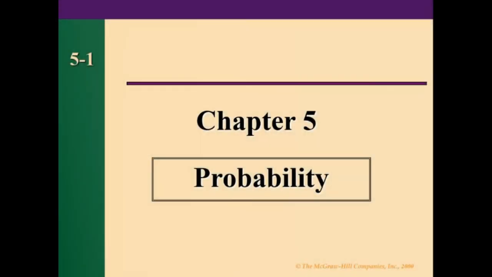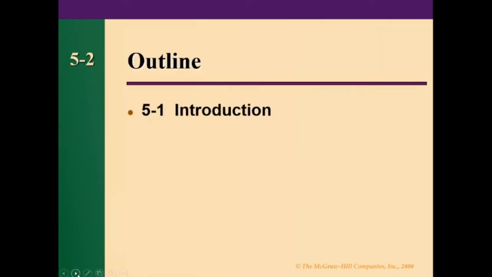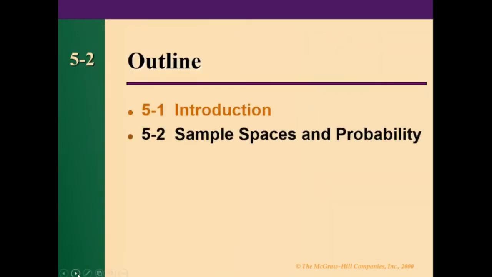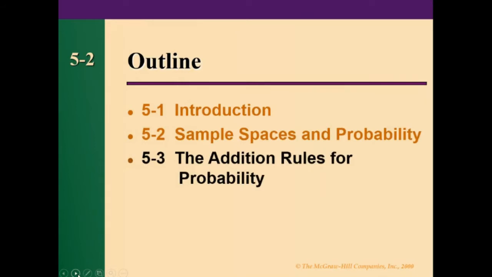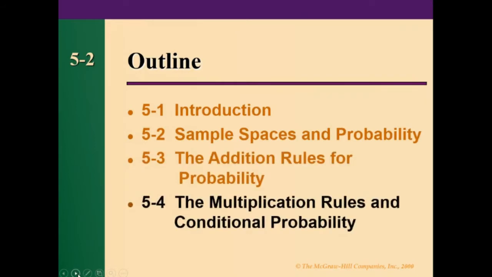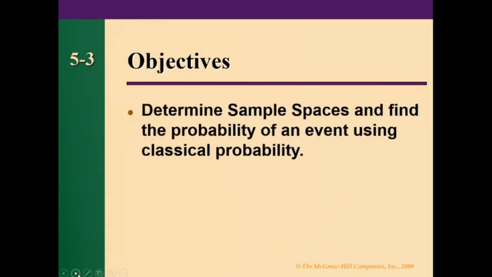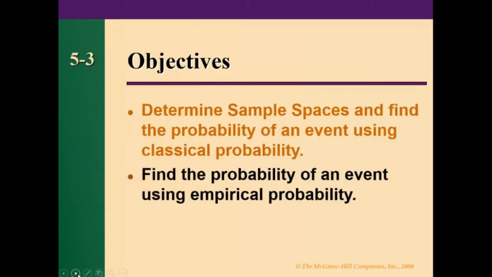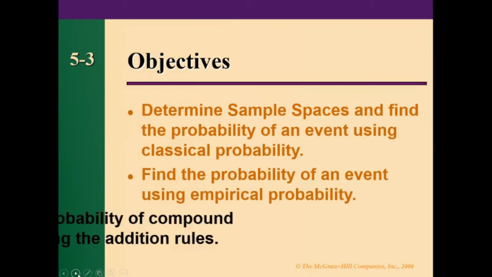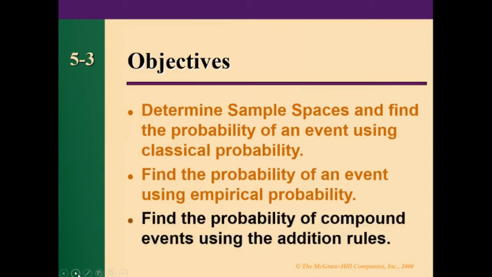Okay, let us continue our discussion. So we're going to discuss sample spaces and probability, the addition rules for probability, the multiplication rules, and conditional probability. We also have determining sample spaces and finding the probability of an event using classical probability, finding the probability of an event using empirical probability, and finding the probability of compound events using the addition rules.